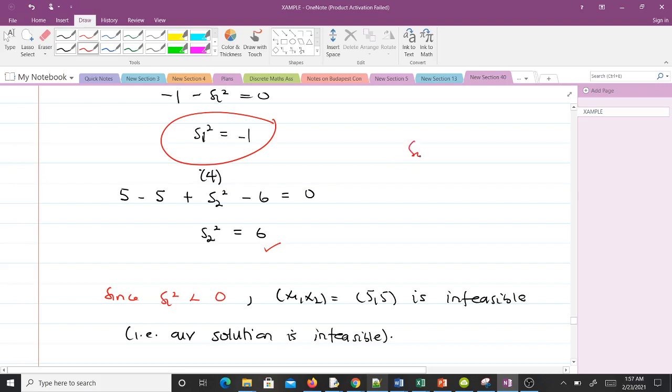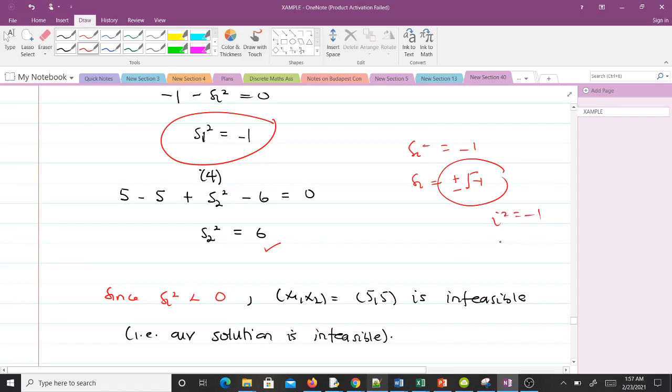Okay, but s1 squared being equal to negative 1 means s1 will be equal to plus or minus root of negative 1. This is going to give us a complex number, because we have i squared to be negative 1.